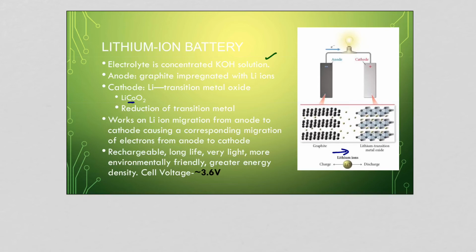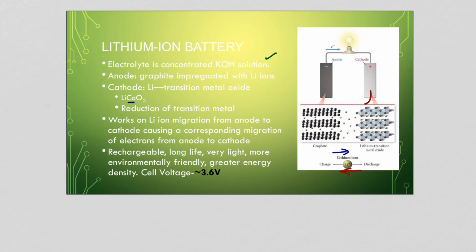And of course, with charging, the opposite happens, right? The lithium ions flow back to the anode, which results in the electrons going back in reverse, and you reverse the process.